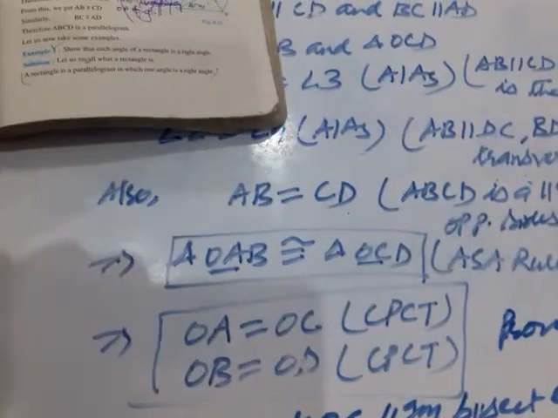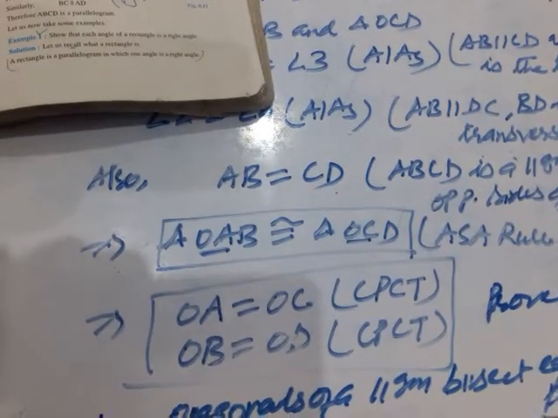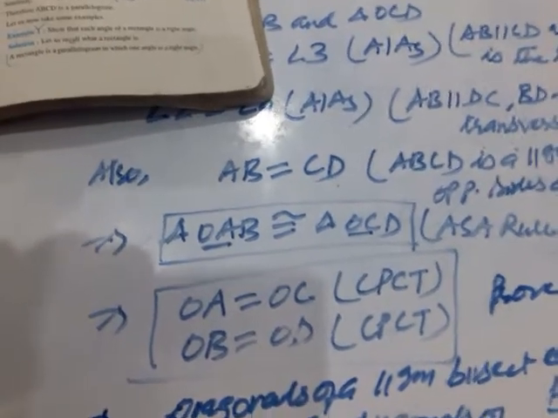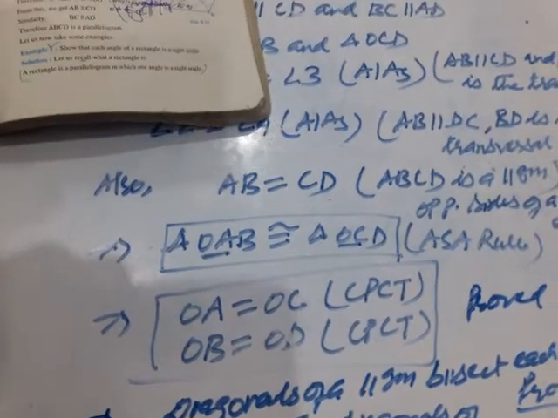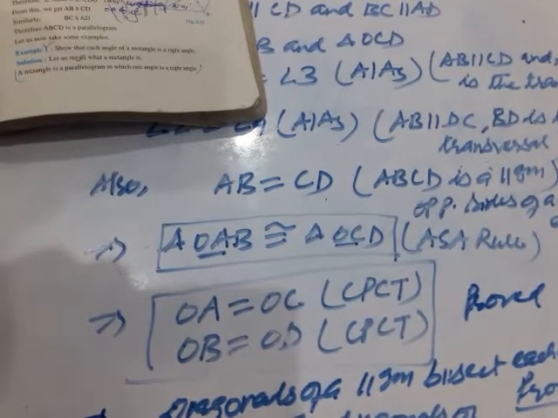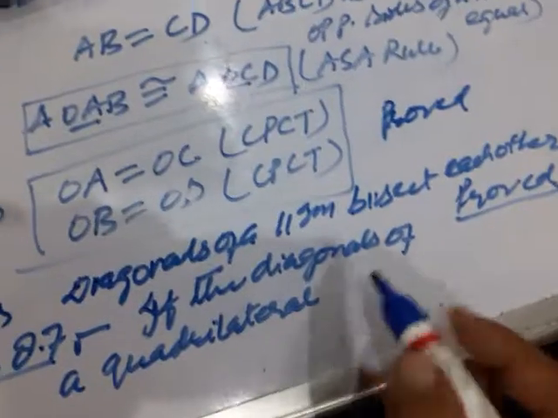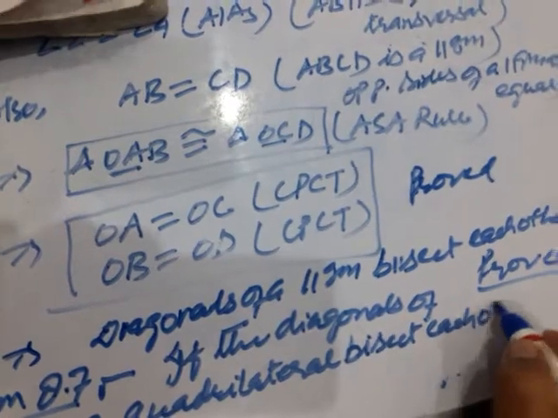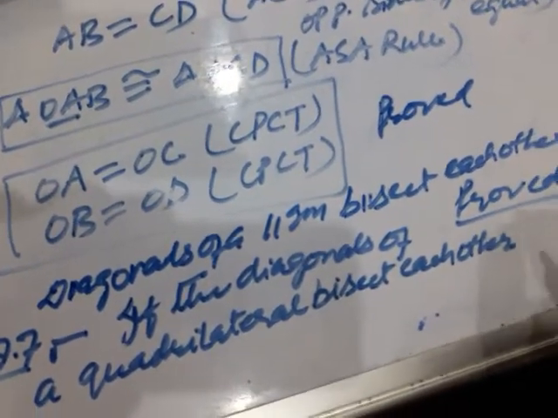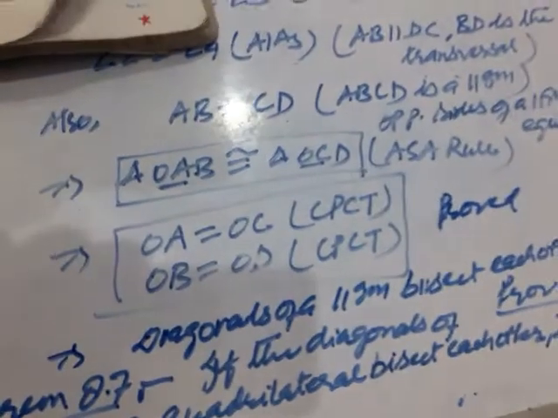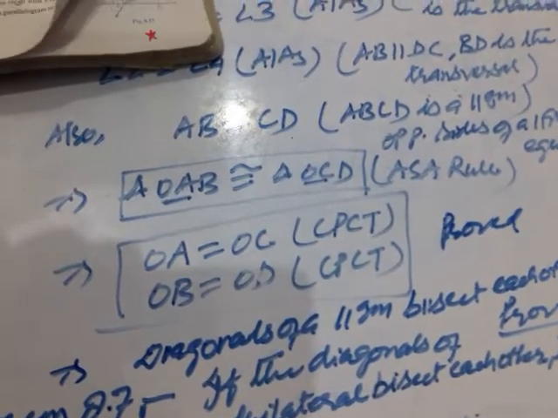It states that if the diagonals of a quadrilateral bisect each other, then it is a parallelogram, children.